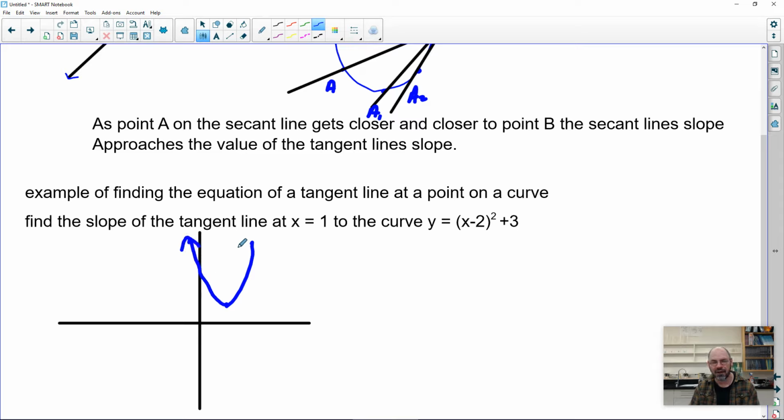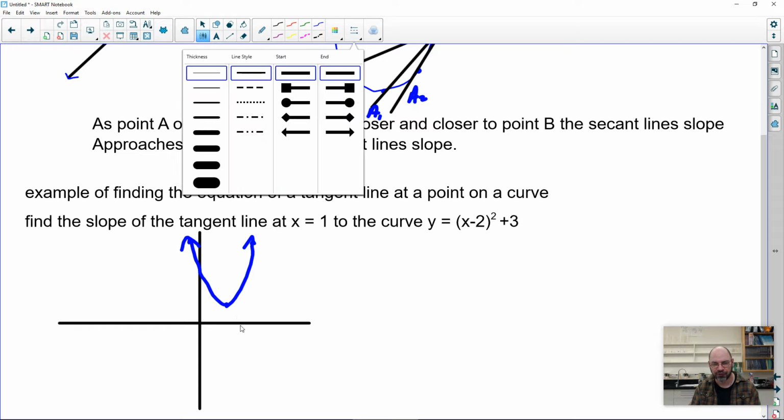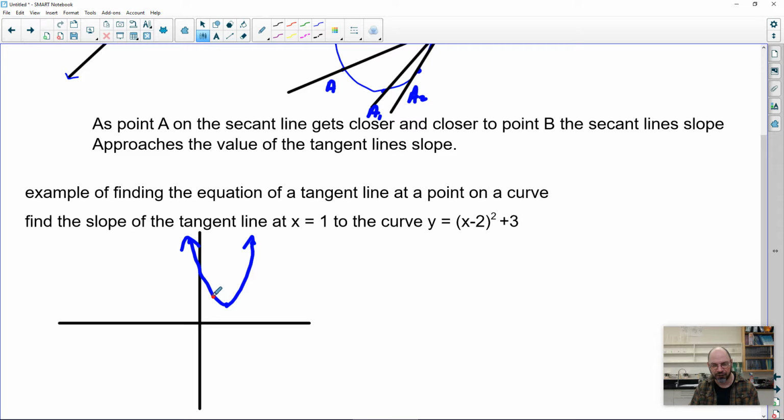And we want the slope of the tangent line at x equals 1. So right in here, this is 2. So 1 would be right close to it, right about there. And we want the slope of this tangent line. The first thing we're going to do is plug in your 1 to get the y point first.